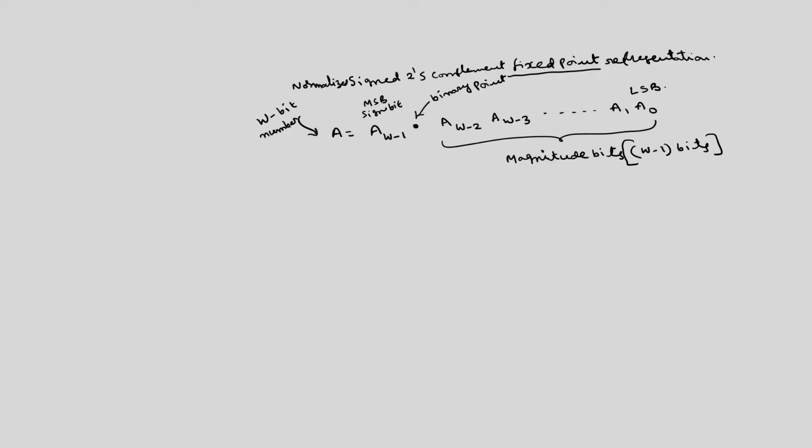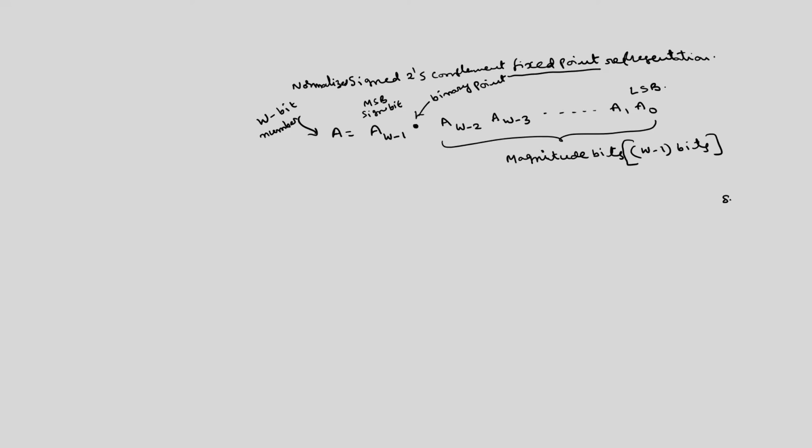If I use unsigned representation for a W bit number, the range of the numbers that we can represent is 0 to 2 raised to the power of W minus 1. If it is an 8 bit number in unsigned representation, what is the range? All 8 zeros, and the maximum number is all ones.